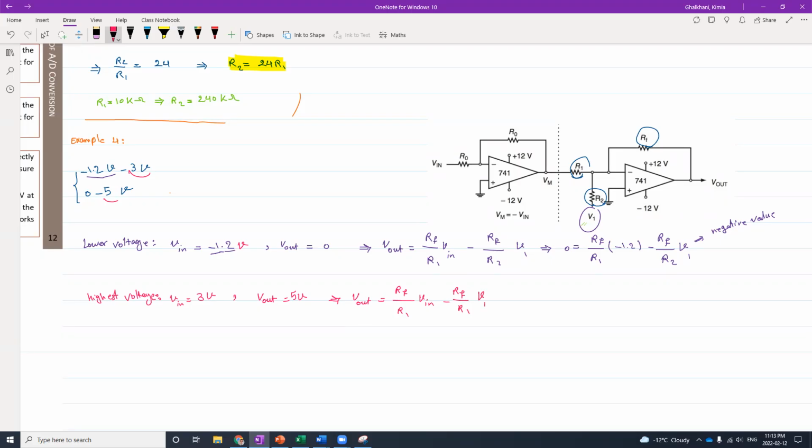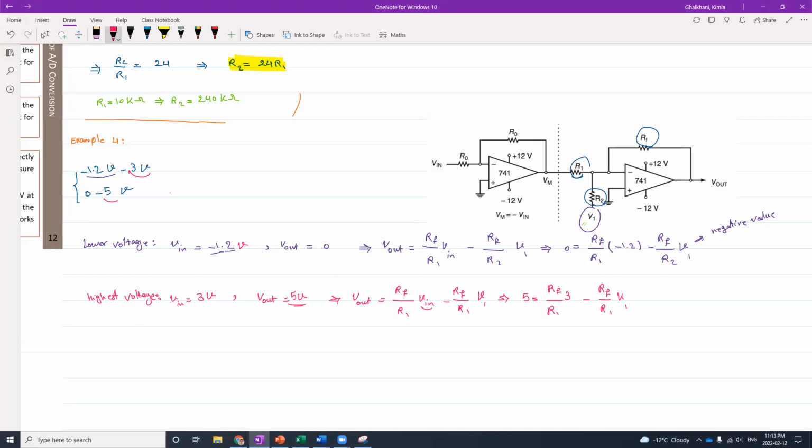Now, if I substitute the numbers, this time my V out is 5. It's going to be, again, RF over R1, but my input this time is 3, minus RF over R2, and V1 is again something that I don't have.